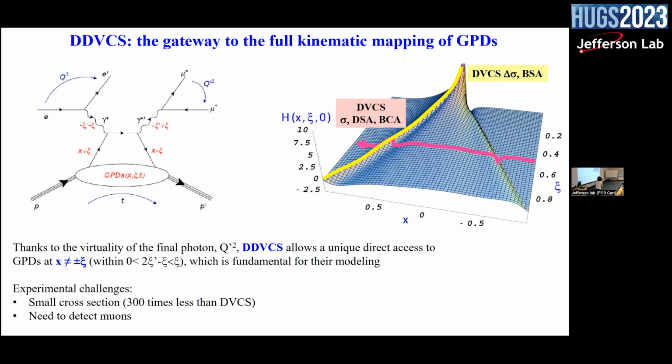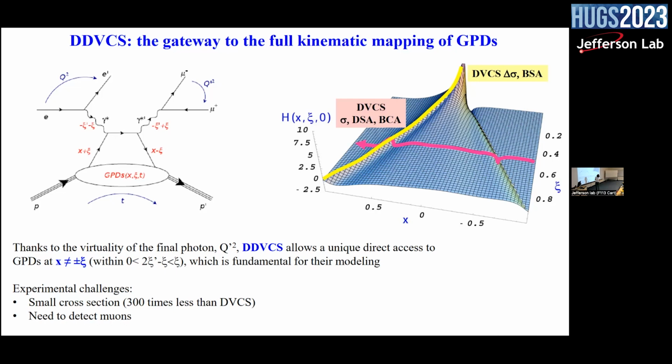Double DVCS means that you have the virtual photon both at the initial and the final state. So your scattered electron produces the virtual photon coupling to the quark, and when it radiates a virtual photon that then decays into a pair of leptons. With this extra Q² variable added in the final state, it allows one to extract the dependence on x.